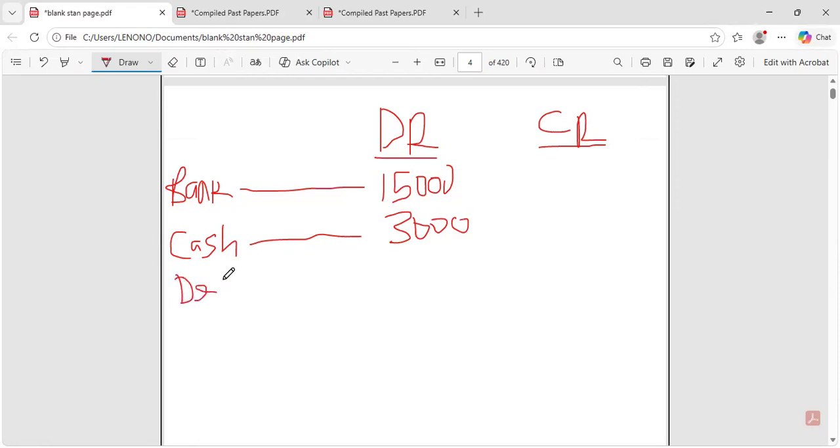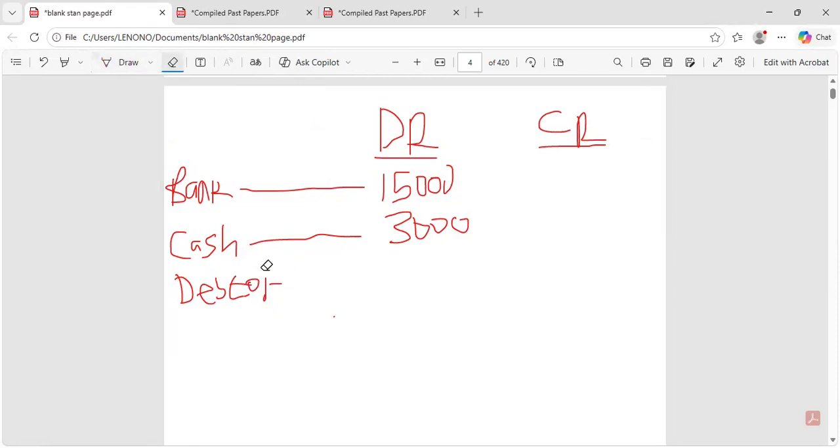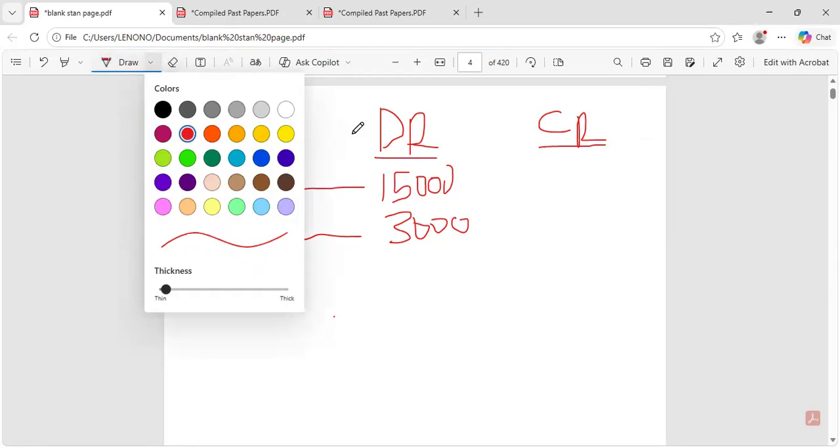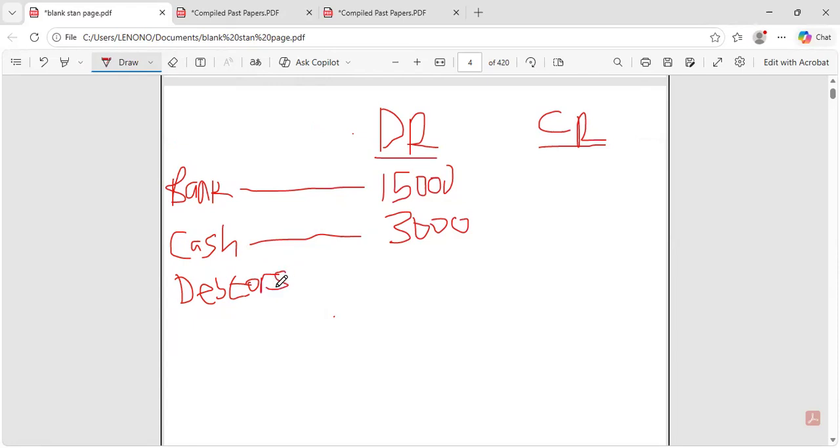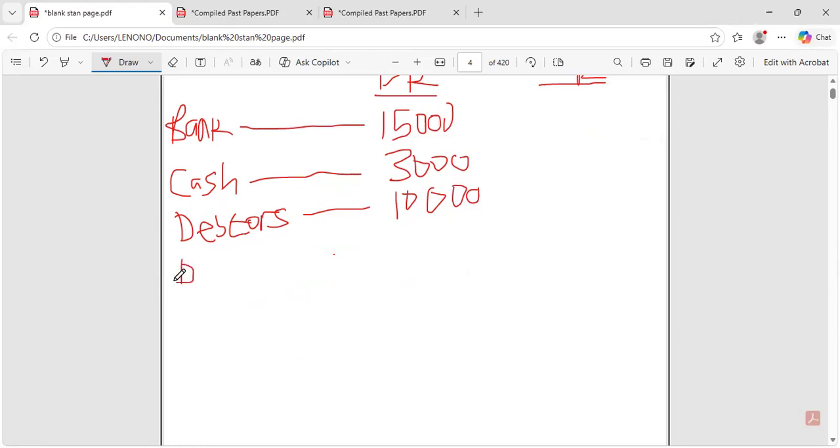Debtors, 10,000. Then your drawings is 5,000. Then what else?